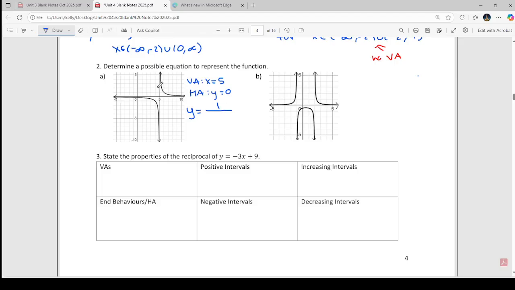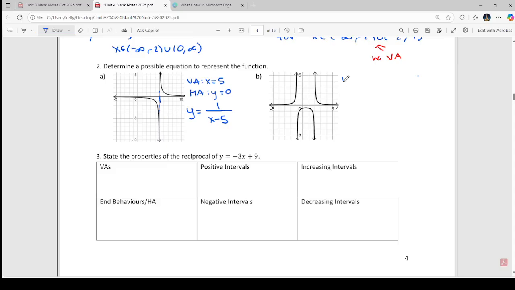And we get the vertical asymptote when the function in the denominator has an x-intercept. So what function has an x-intercept of 5? It's the function x minus 5. If you plug 5 in for x, we'll get 1 divided by 0. That doesn't exist, and it creates the vertical asymptote. We don't know an a value, since I haven't given you any points, so we're just going to leave the function like this.